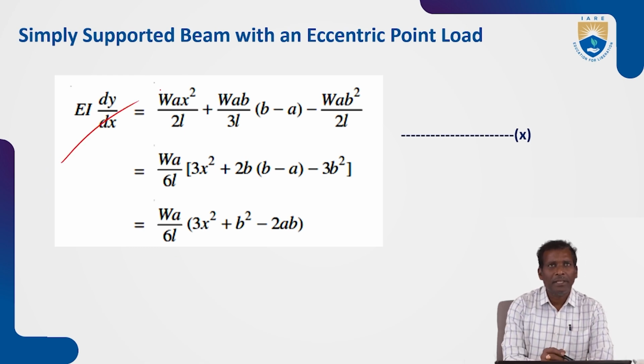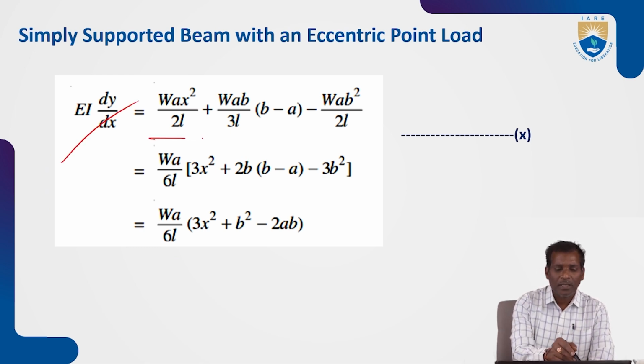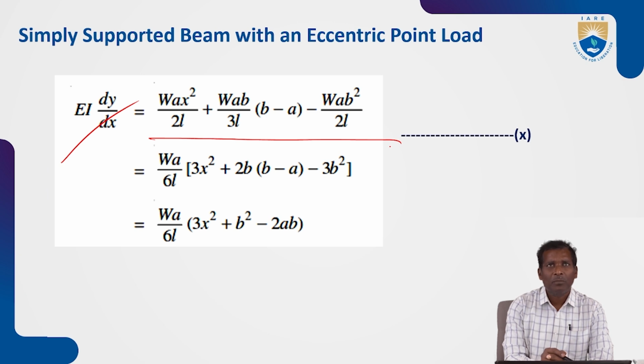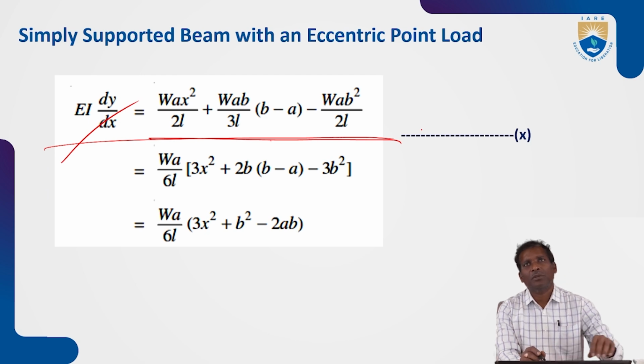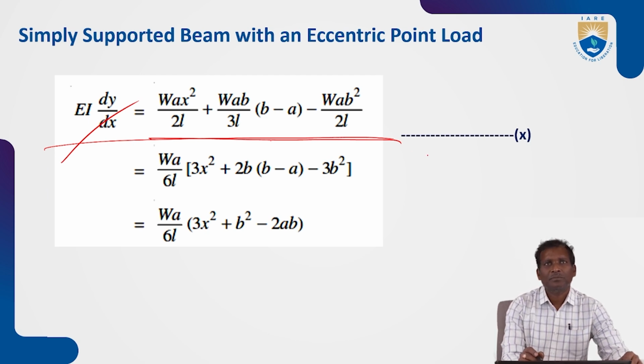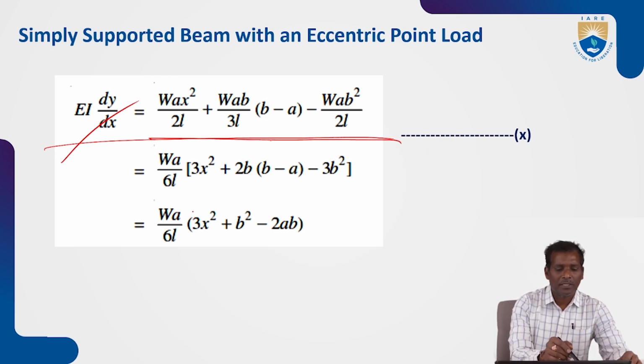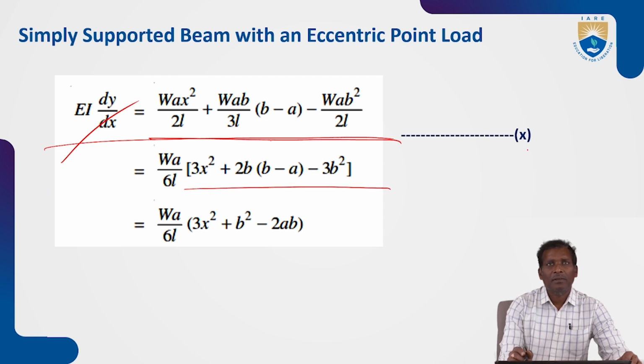EI into dy by dx is equal to Wax square by 2L plus Wab by 3L into b minus a minus Wab square by 2L. So take common W by 6L here and we'll get 3x square plus 2b into b minus a minus 3b square.